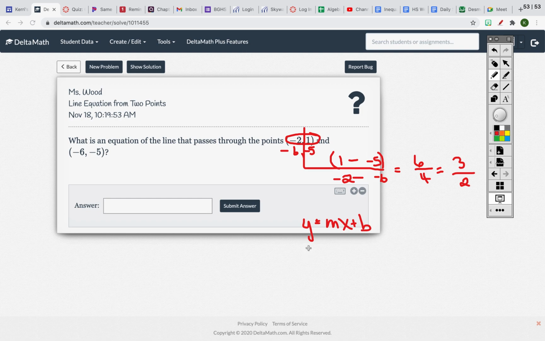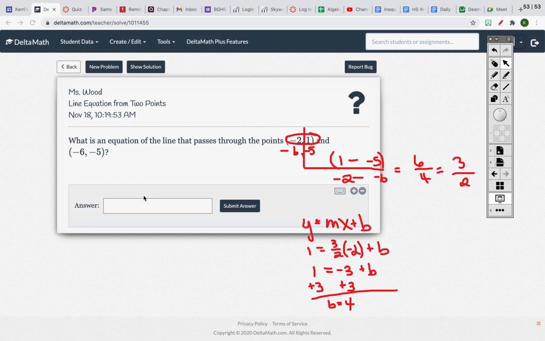The y is 1. The m is 3/2. The x is -2. When I multiply these two, it gets -3. So 1 equals -3 plus b. And the opposite of a -3 is a +3. So b equals 4.